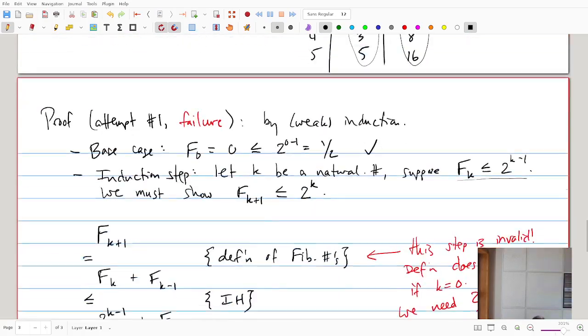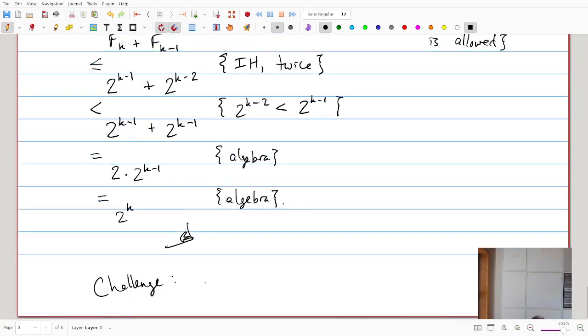But we can prove something else to show that for all n, 3 halves to the n is less than or equal to, well, I'll say prove for suitable values of n.